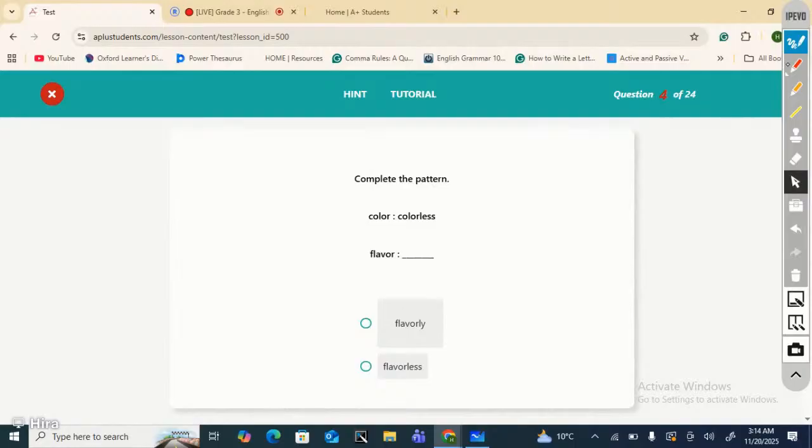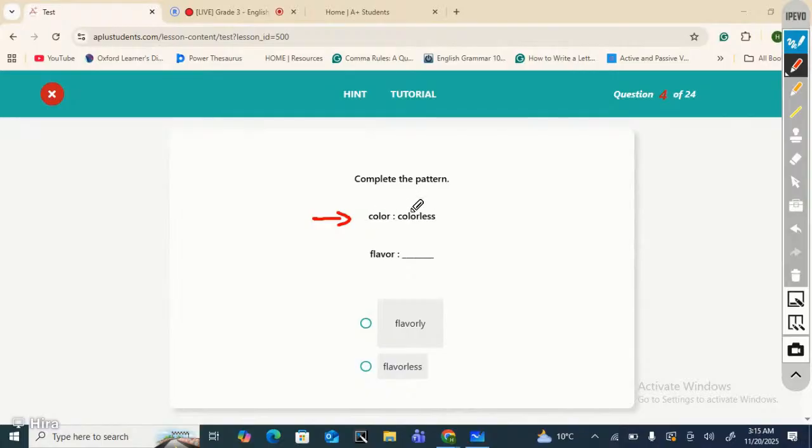Okay, now let's complete this pattern. First analogy, color, colorless. Color and colorless. Can you guess the pattern and look at the suffix? Do these two words tell you about something like color or colorless?